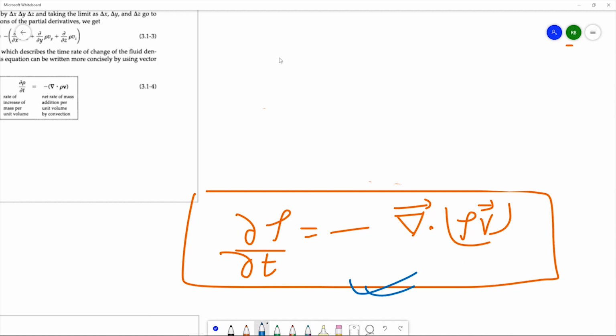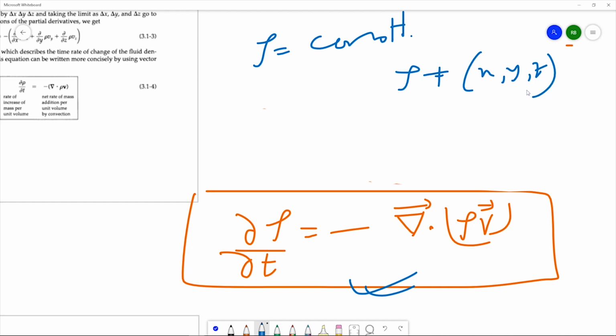I will tell you a special case. What if the density is constant? It doesn't change with time or any distance. Density constant means it is not a function of x, y, z. Definitely it will be a function of time if there is accumulation, but we have to ignore that.